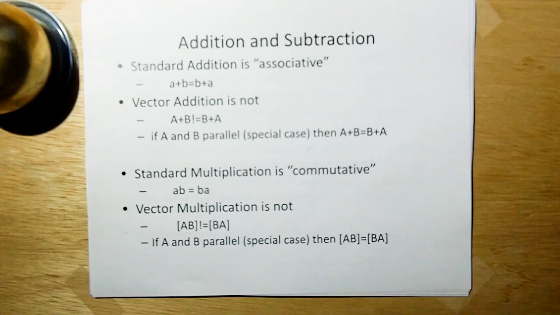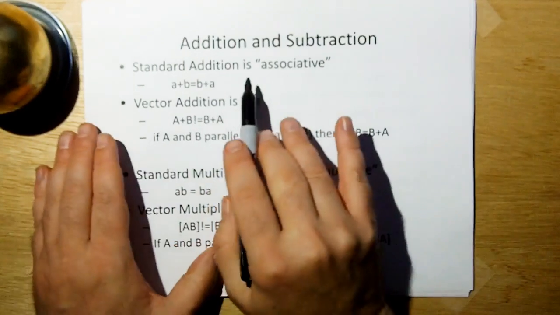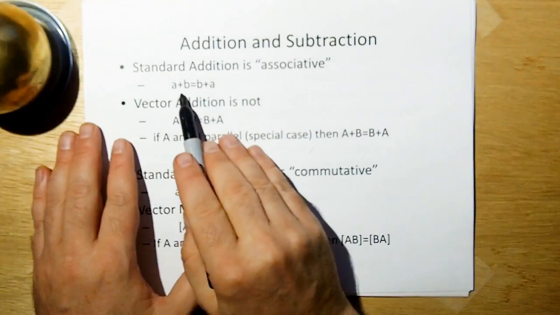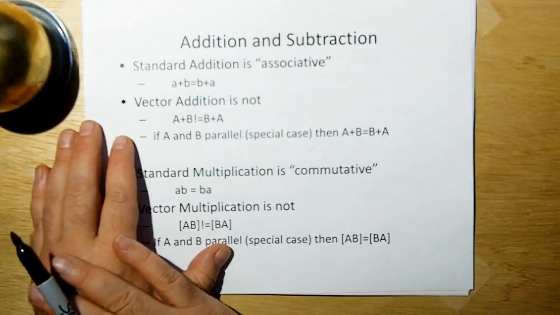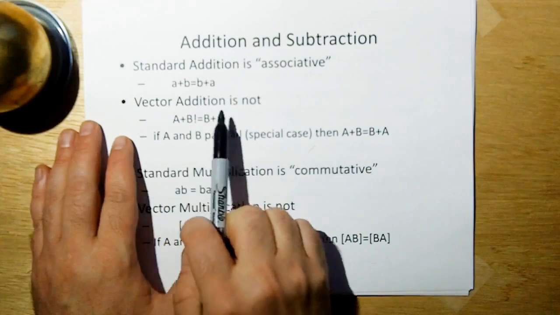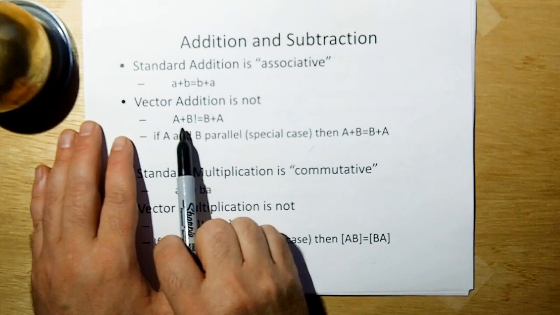Addition and subtraction. Standard addition is associative. In other words, if I say A plus B is equal to B plus A, well, we say that's associative, but I'm telling you that's really ambiguous. Because in vector addition, the addition of vectors is not associative.